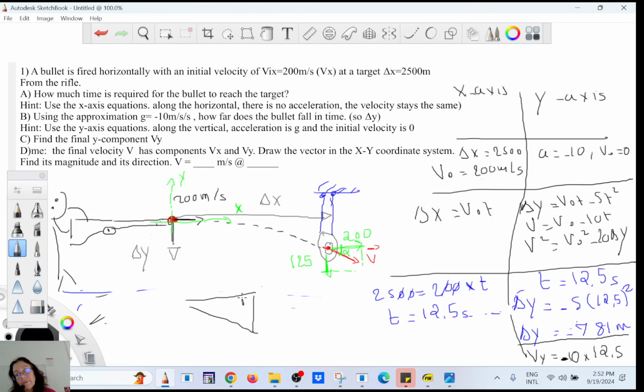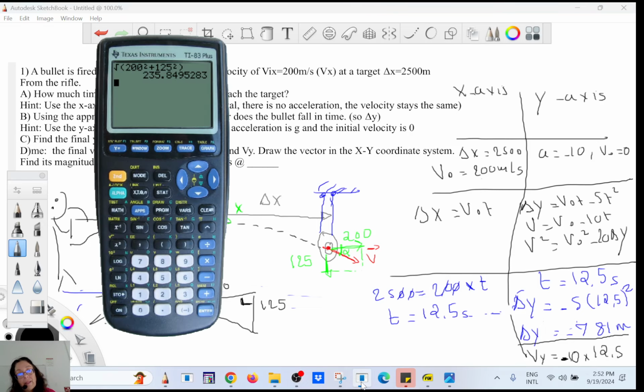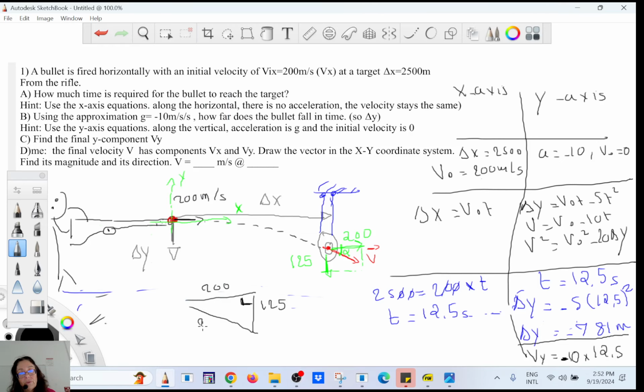This is 200. This is 125. That will be your hypotenuse, about 236, and you want to find that angle here. So basic geometry. Do you agree?